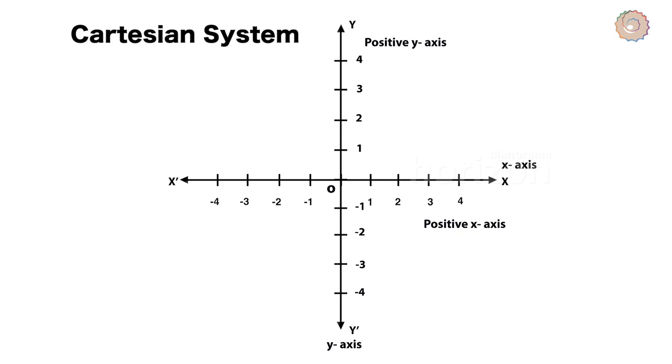Since the positive numbers lie on the directions of OX and OY, they are called the positive directions of x-axis and y-axis respectively. Similarly, OX' and OY' are called the negative directions of x-axis and y-axis respectively.